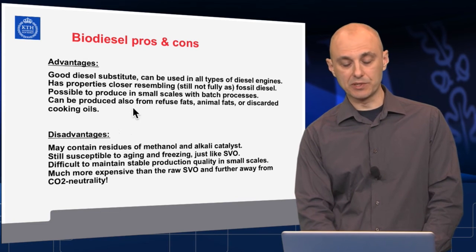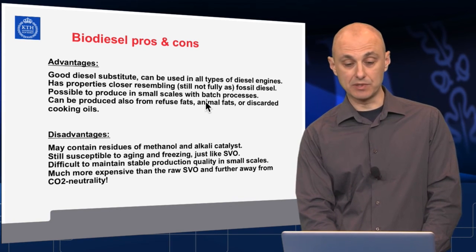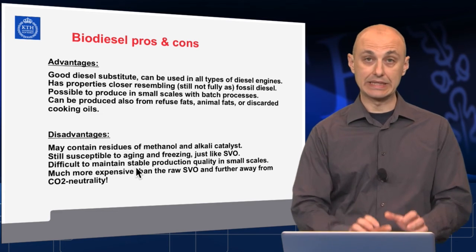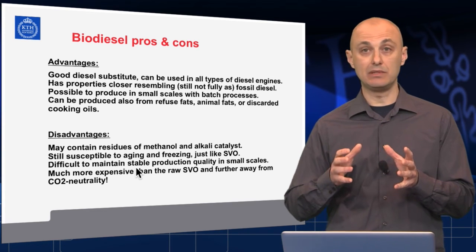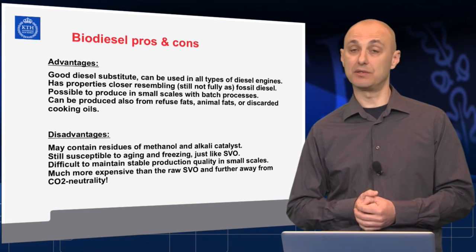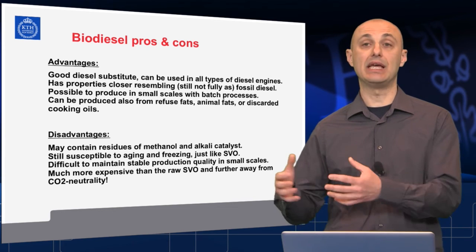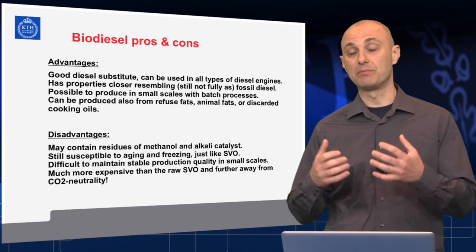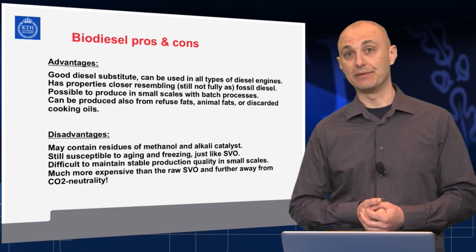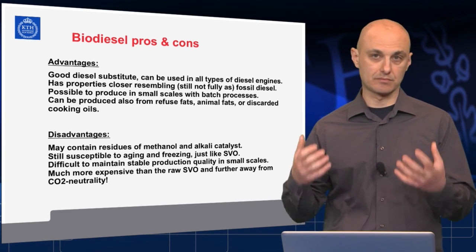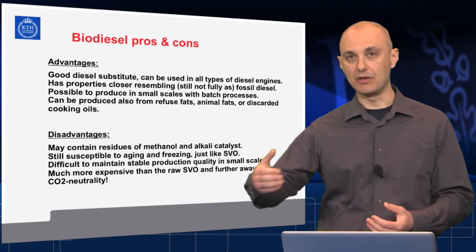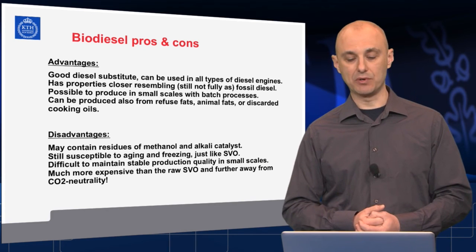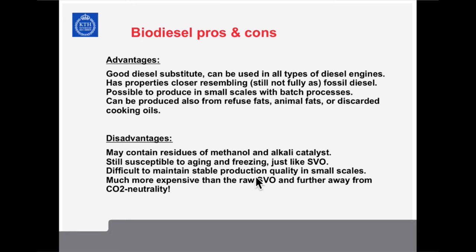It is possible to produce in small scales and batch processes. However, exactly this is a limiting factor because it might not be so easy to keep the same quality throughout a ranging batch process. It is definitely much more expensive, and definitely further away from CO2 neutrality compared to the raw oil.